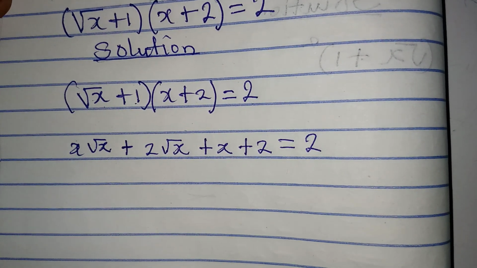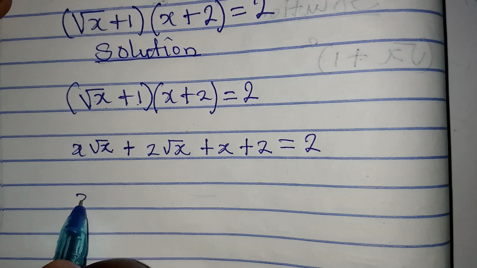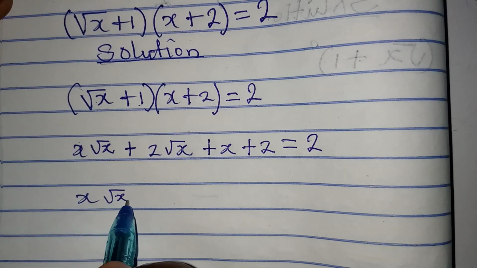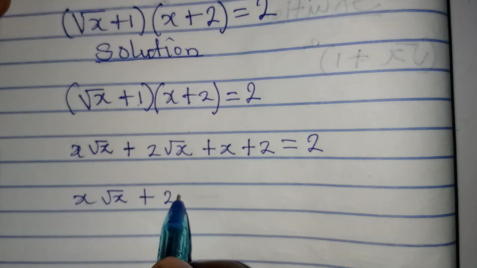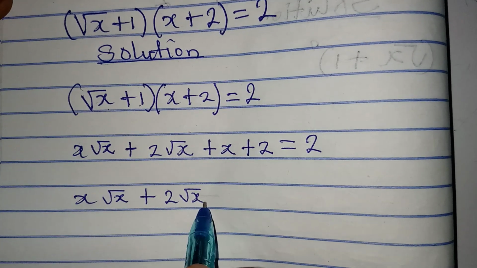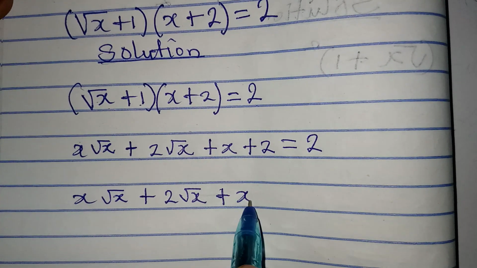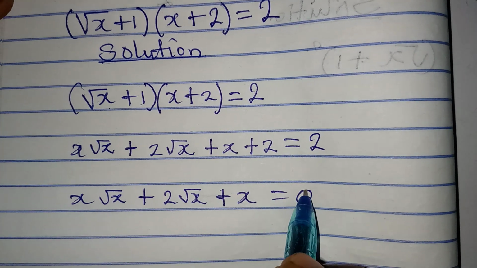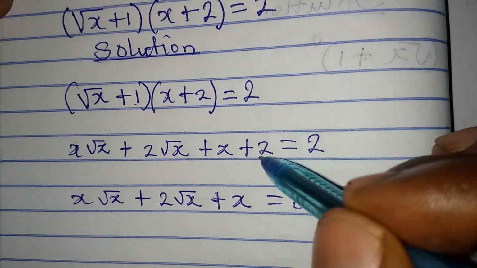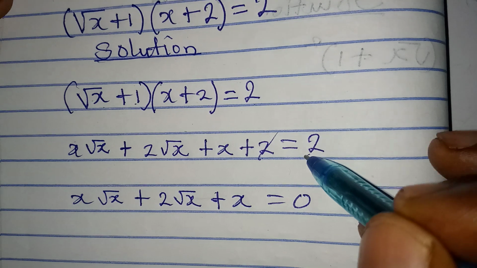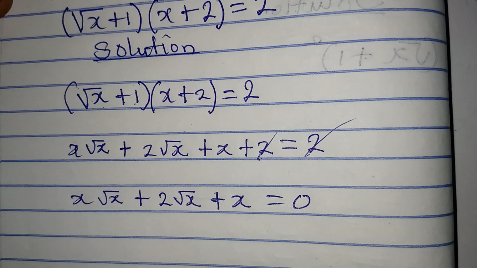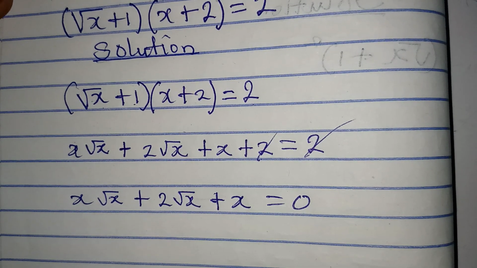Now, if you continue from here, you're going to have x root x plus 2 root x plus x equal to 0. This is because 2 and 2 will cancel each other. They are both positive on both sides, so they will just subtract and go.